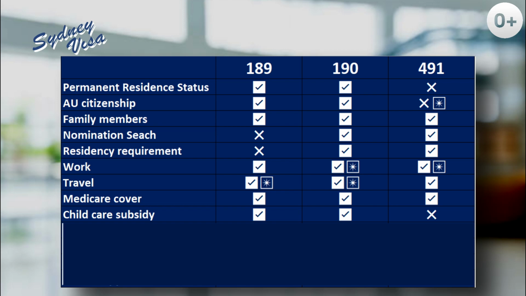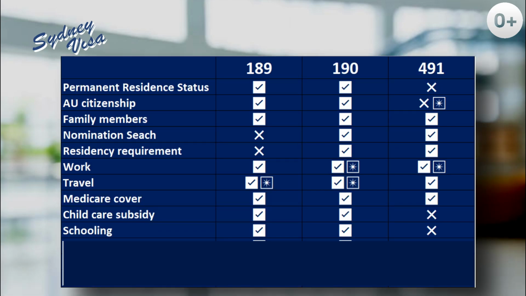The subsidy is means tested, and both parents need to work or study to receive this subsidy. Unfortunately, there is no access to this subsidy on the regional visa, only on independent and sponsored. What about schooling? Education in Australia in public schools is free of charge to the citizens and residents, but on a regional visa you will have to pay a little extra for school.